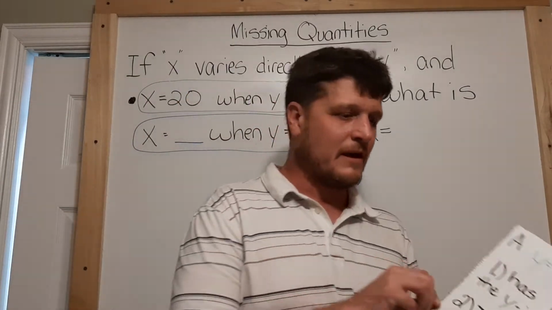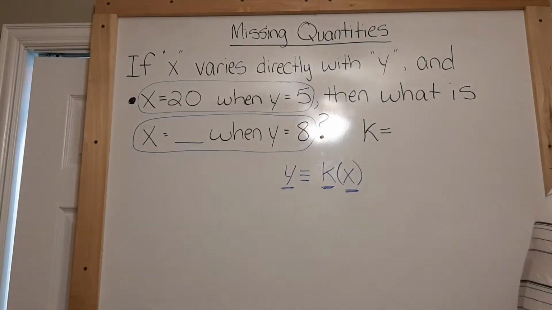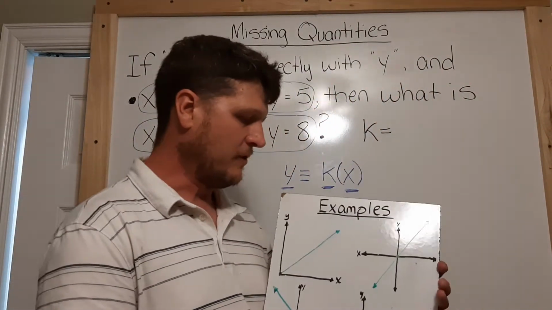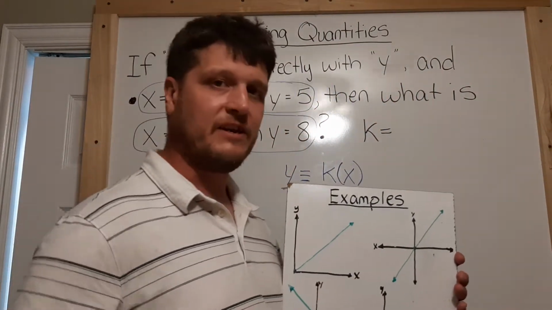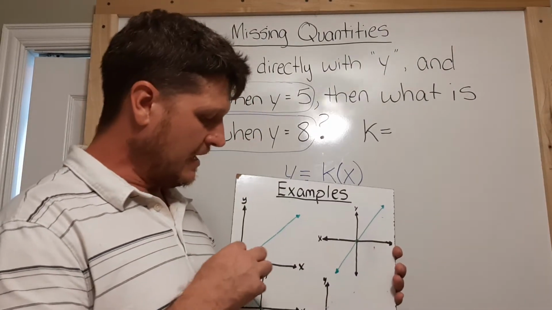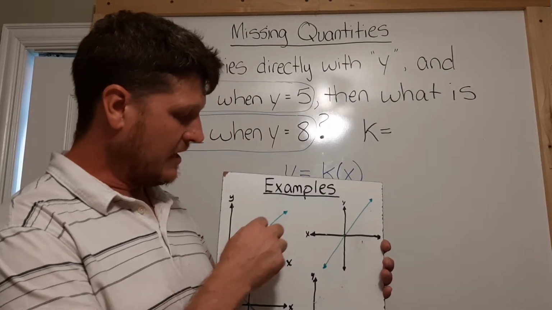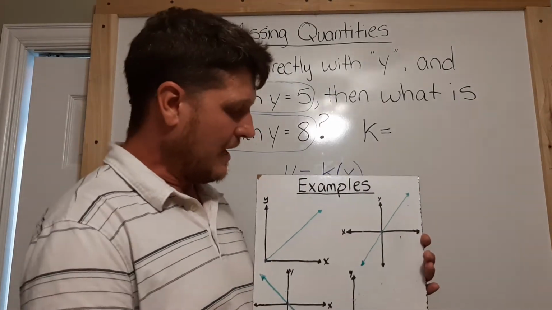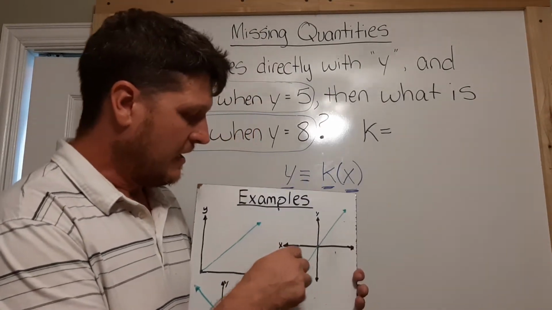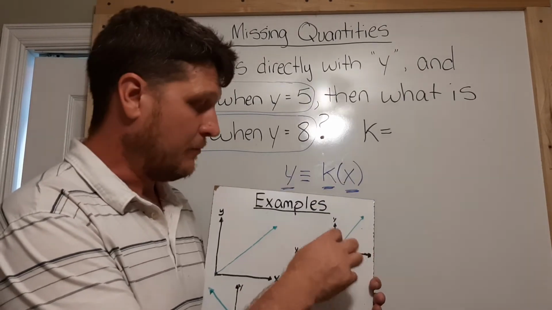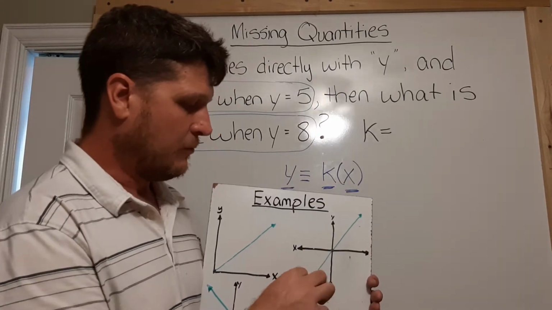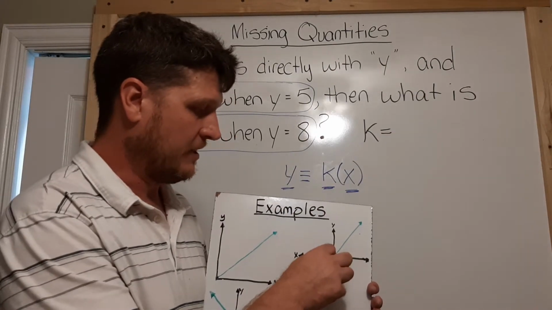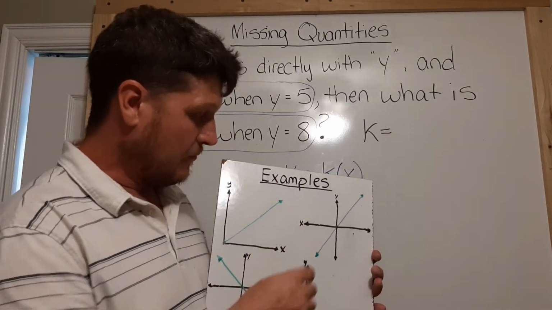Now, I'm going to show you something else here. All right, examples of this. Okay, now we have a positive coordinate plane here, where the line is going diagonal into infinity, and then we have another one here, a full coordinate plane with all 4 quadrants, and a line going diagonally through the coordinate plane, and then we have a positive line.